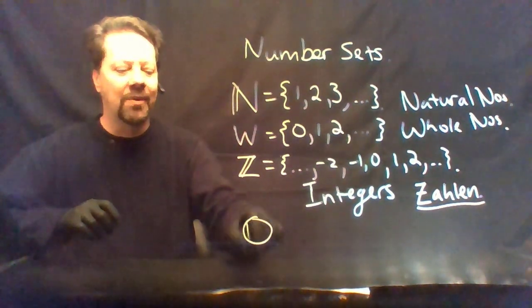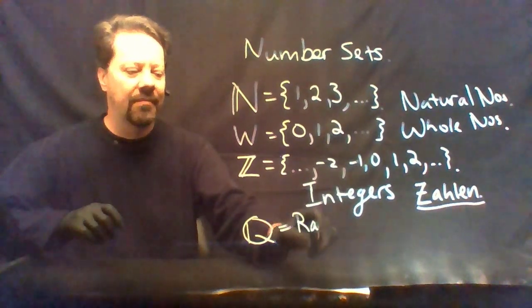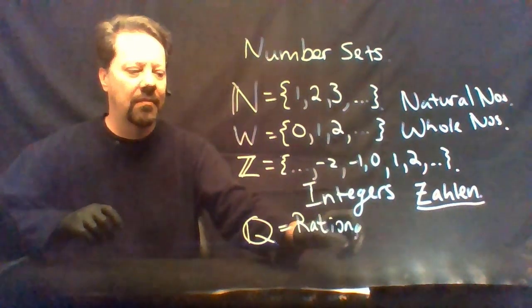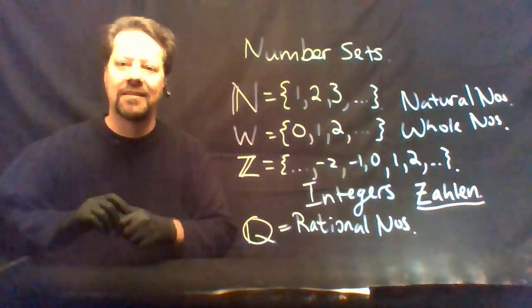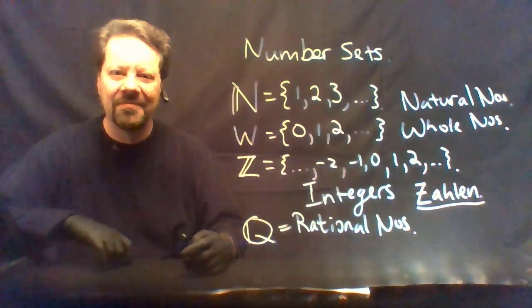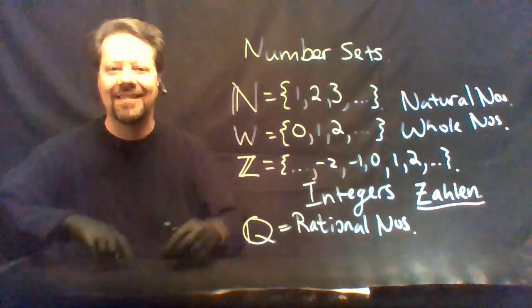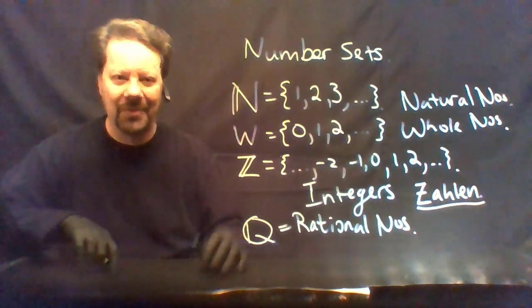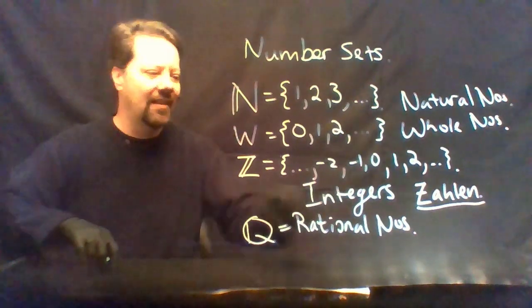The next number set we're going to talk about is the set of rational numbers. What are rational numbers? Are they numbers that talk and make sense? No, rational numbers are ratios of integers.